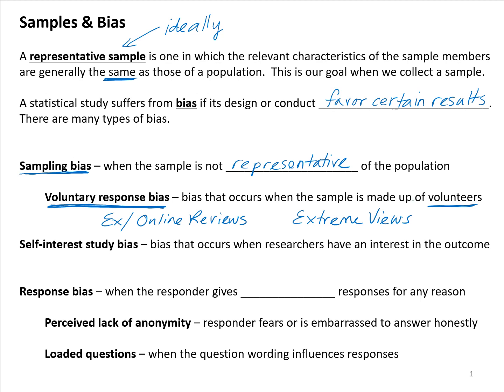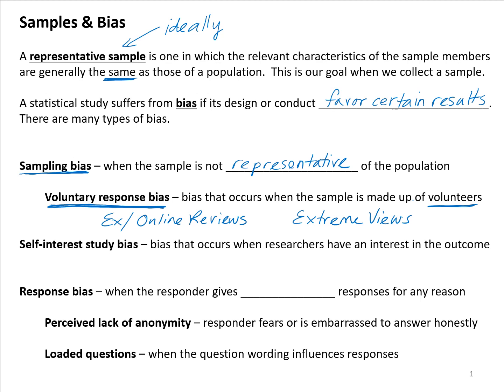So extreme views, and often, even though you can have extreme views that are positive and extreme views that are negative, there is a slightly more likelihood that you'll get extreme negative reviews. Because again, we're talking about people who are volunteering to do something, and people are more likely, if they're angry, to write a review complaining than they are if they're happy. So you will tend to get bias when you have some kind of voluntary response survey.